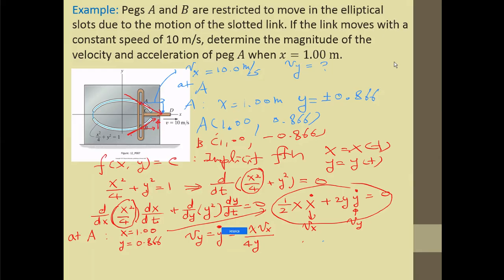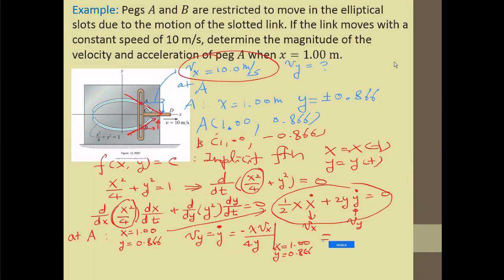Now we plug in the x value, which is 1, the y value 0.866, and v sub x is constant, already given right here. So evaluate.